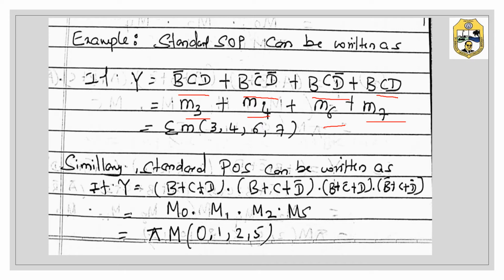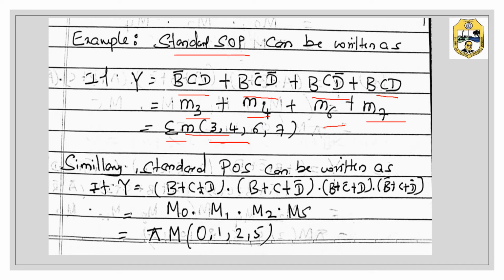So it can be represented as summation of m of 3, 4, 6, 7. It is nothing but the standard sum of product form.